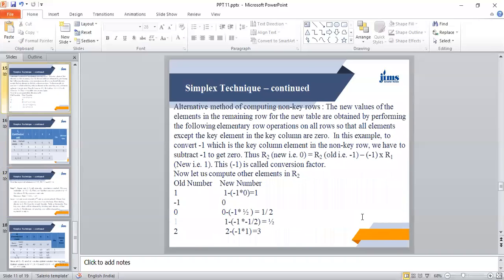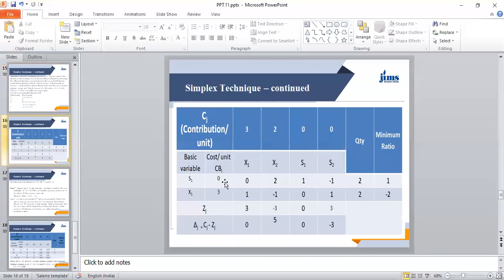But in this case, our production plan has now improved. Now we produce 2 units of S1 and 2 units of X1. So 2 units of S1 gives 0 value, but 2 units of X2, because X2 has a contribution of 2, so 2 into 2, 4. So now our profit has become 4 units by changing the production strategy. Sorry, it is 6.